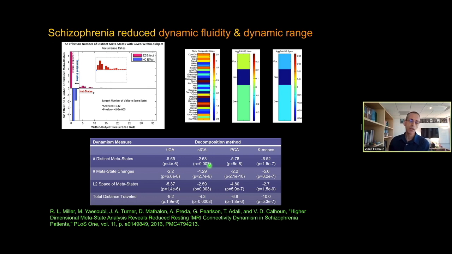So regardless of which type of clustering we use, which give very different looking states because they're optimizing for different things, we get a similar global measure here, at least in this case.